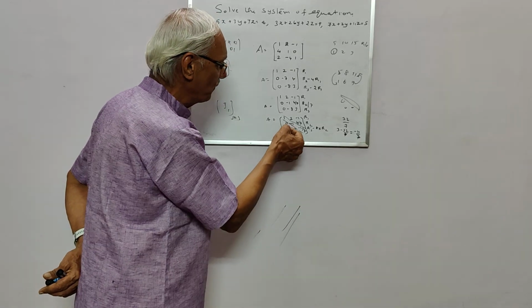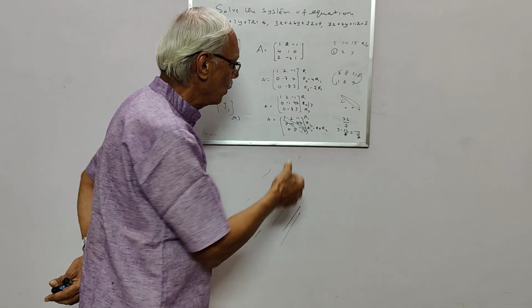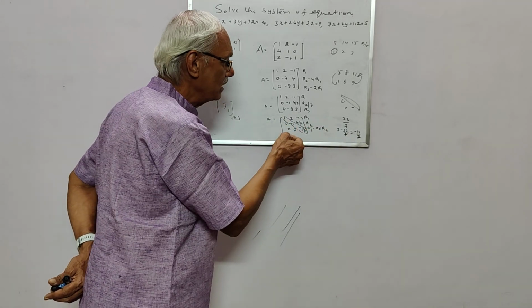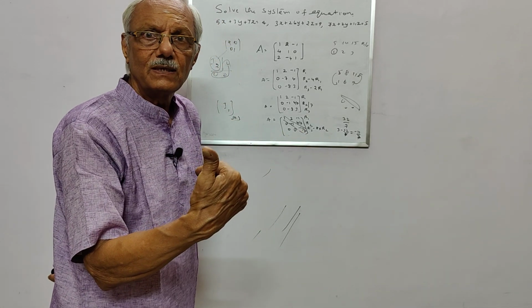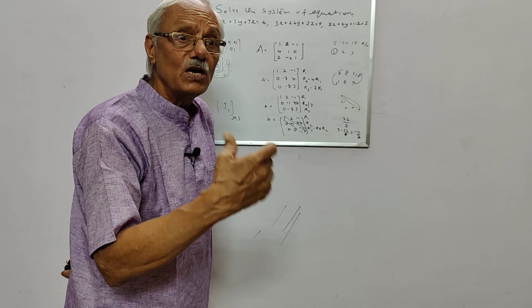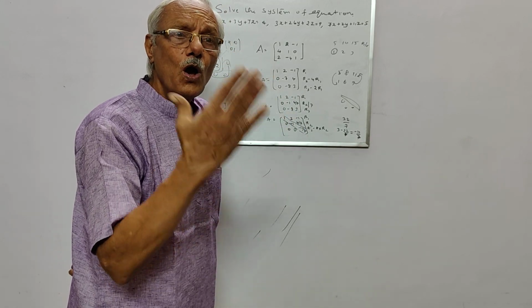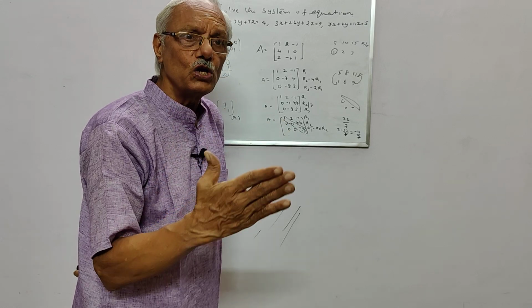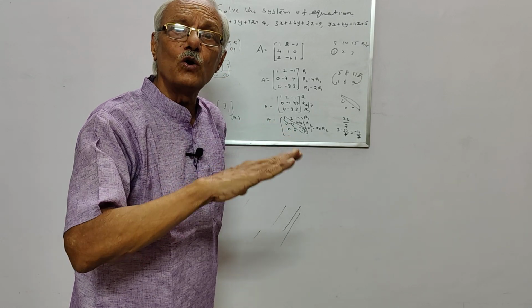Non-zero in the sense, see, the first row you take, it is non-zero. In the second row you see that it is non-zero. The third row means what? At least there is one element which is non-zero. Can you understand? So you find out how many rows there are with at least one non-zero element.